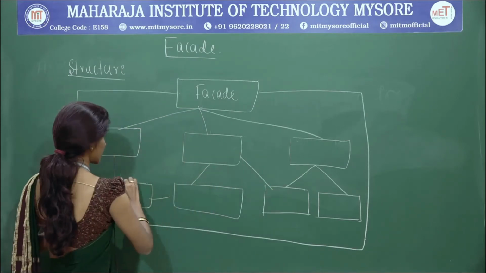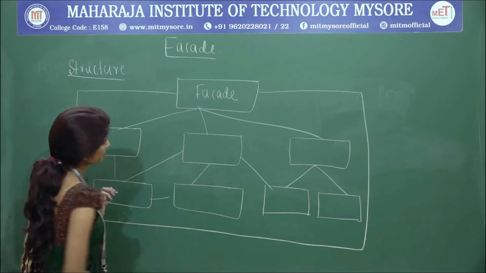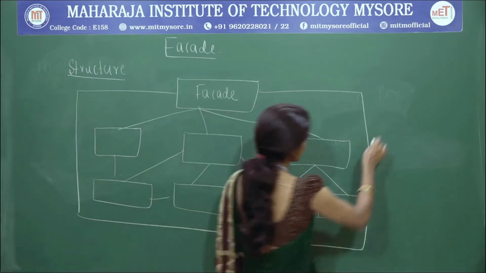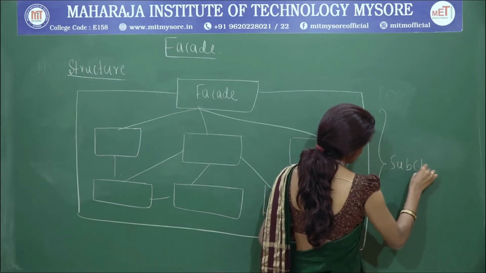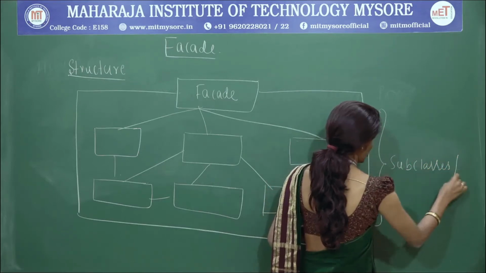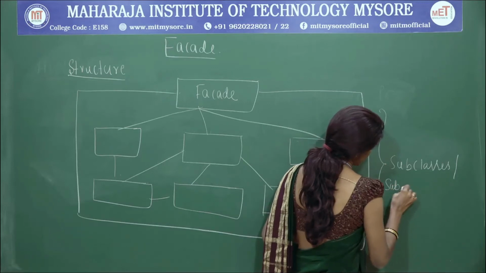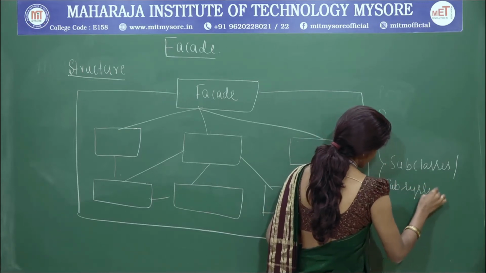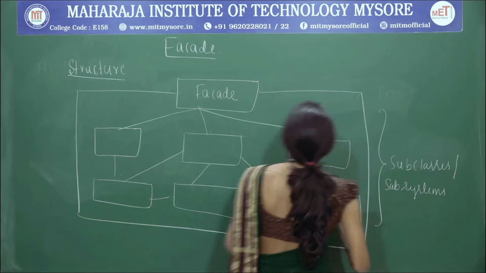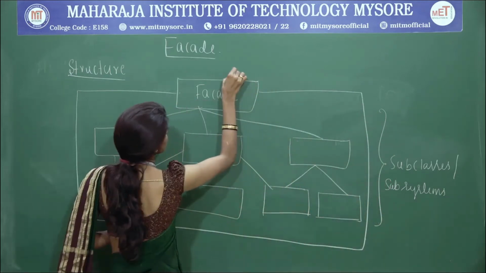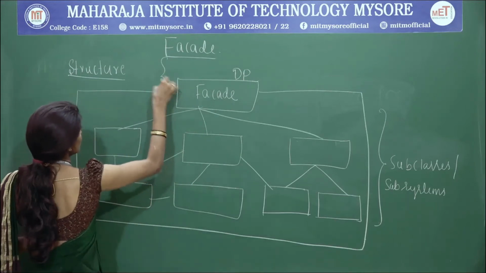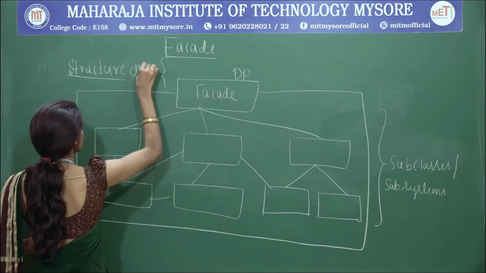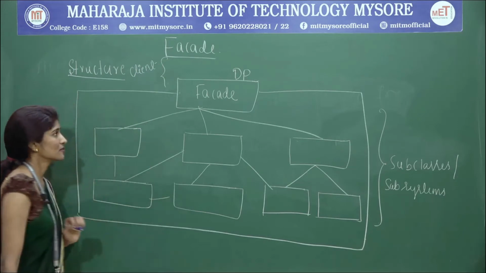There might be a lot of connections like this. So these are all your subclasses or subsystems. And this is your facade design pattern, and above that will be the client classes.